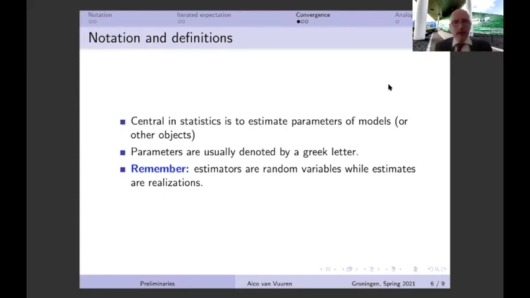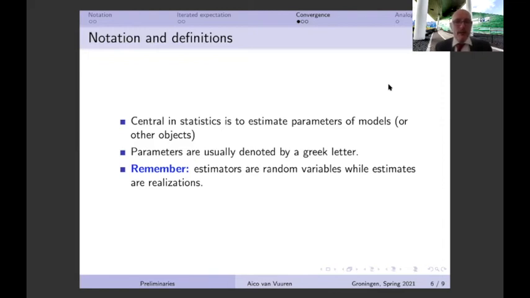But in many cases, as you may already know, what we would like to do is to estimate things, whatever they are. But now we should realize that parameters are usually denoted by a Greek letter. The only reason why I say this is because later on I'm going to use notation where I'm going to use these Greek letters over there.